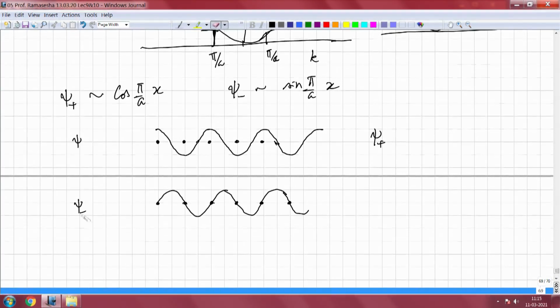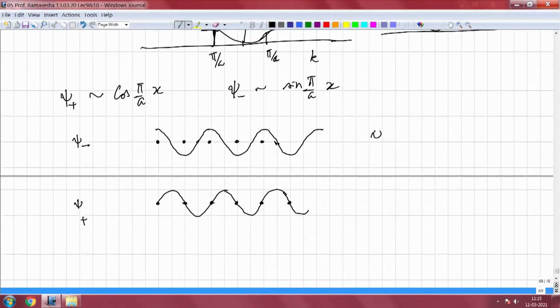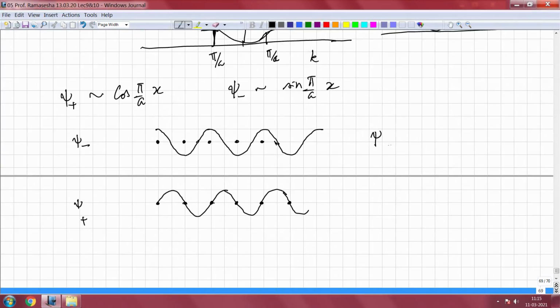Just one second, I have made an interchange of psi plus and minus. This is psi minus. So, psi minus is actually having large charge densities at the lattice sites, and it also has nodes in between the lattice sites.